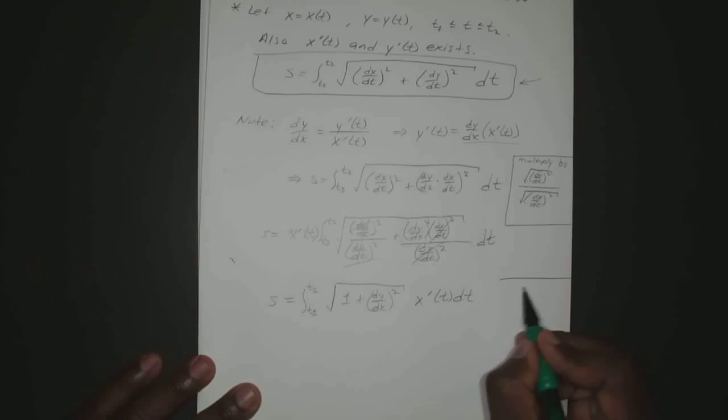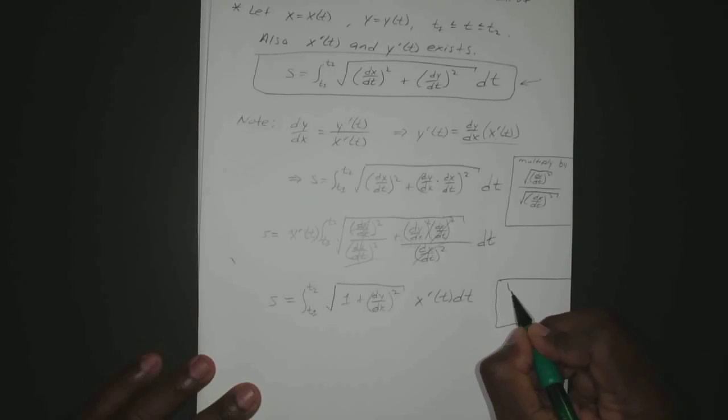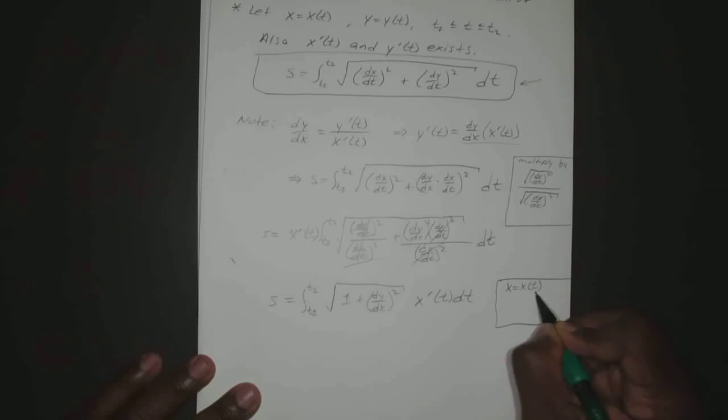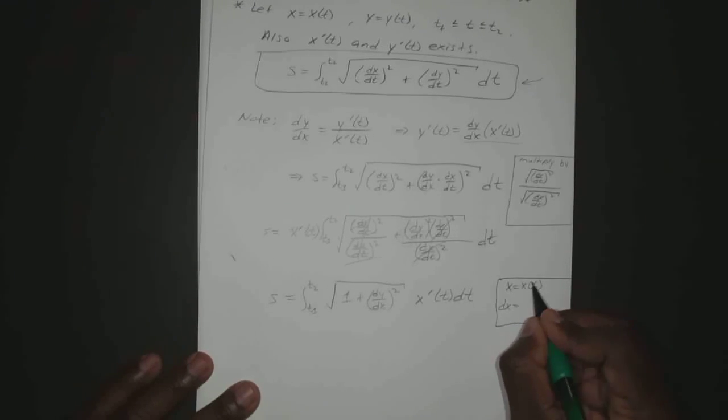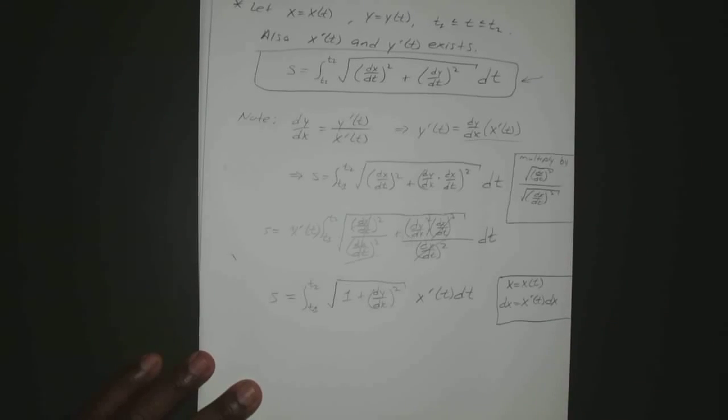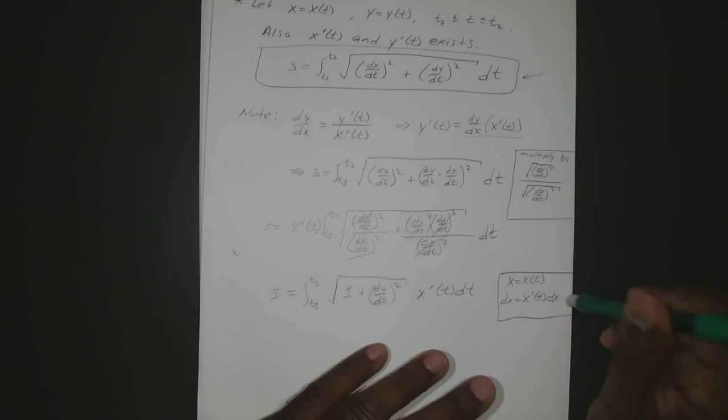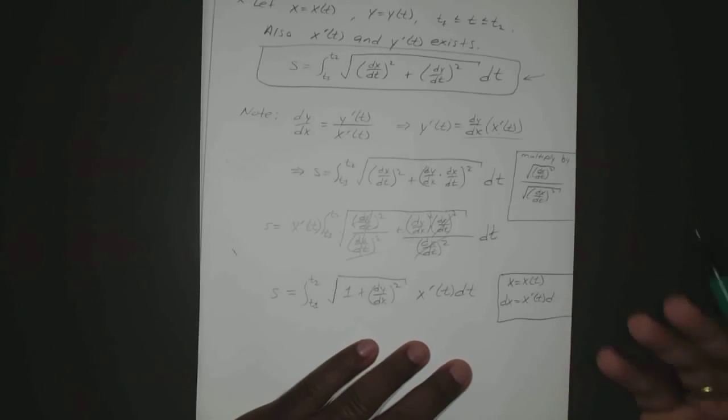Okay, so we know that since we have x equals x of t, the derivative of x equals x prime of t with respect to t, sorry about that. So that means you can replace this with our dx.